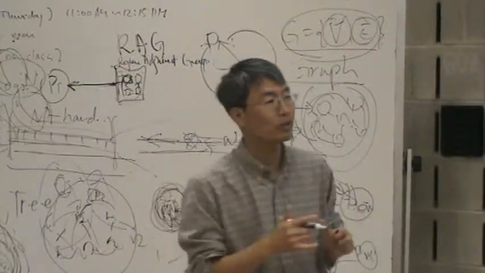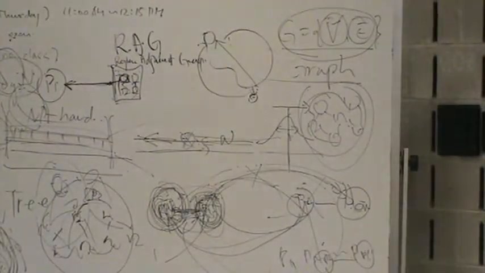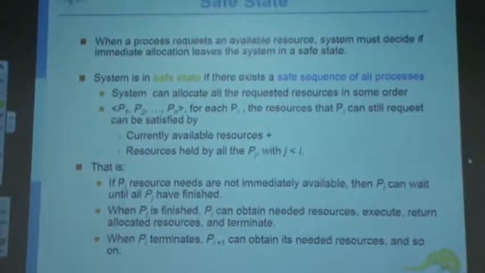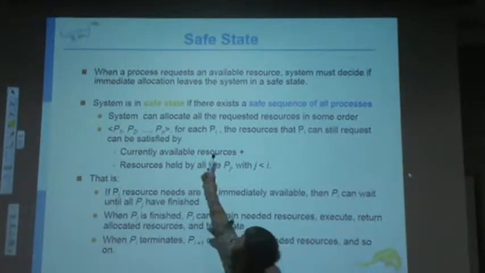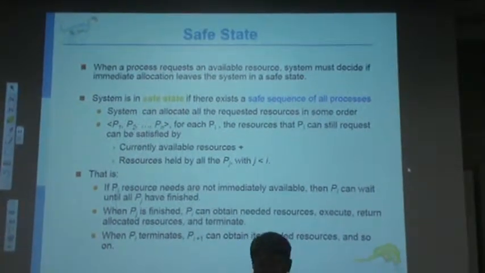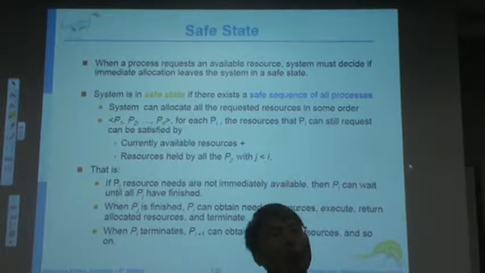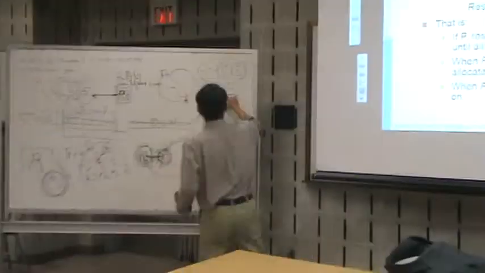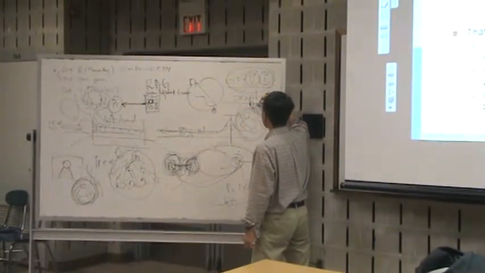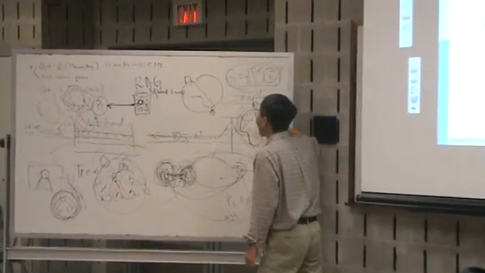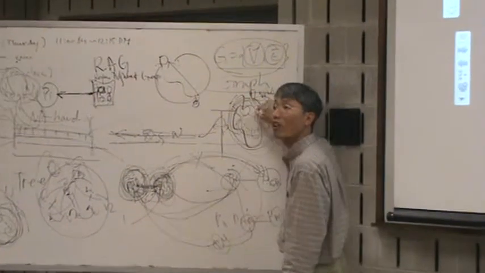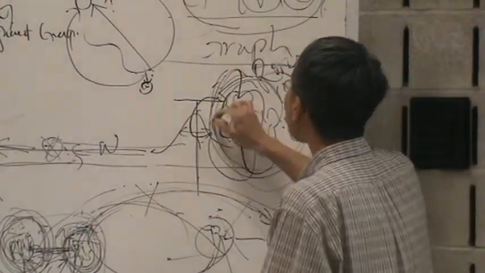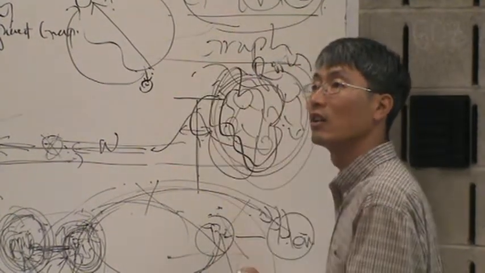How can we do that? Using the resource graph, we are going to find the safe state, whether this system is safe or not. Safe means no deadlock in the resource allocation graph, which means you cannot find any circle in this graph. What if you can find such a circle?